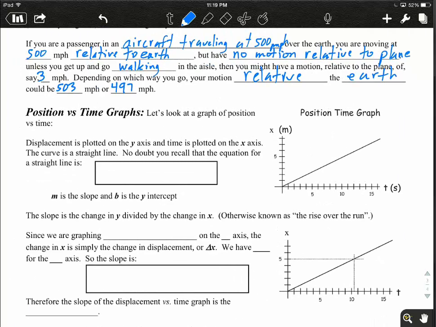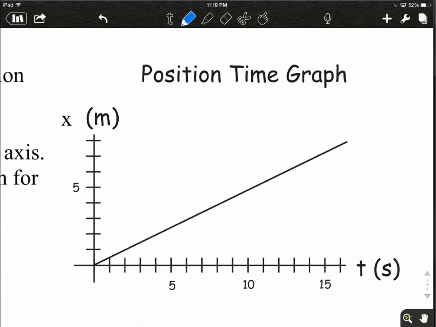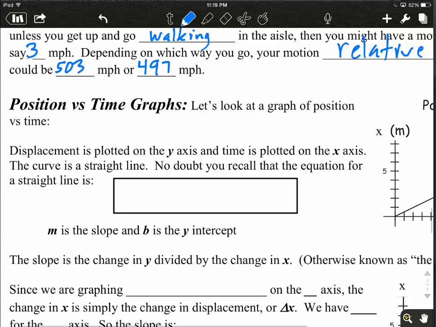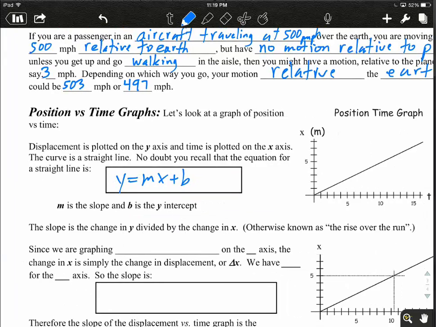Okay, we talked about position versus time graphs, right? Hopefully you remember from the lab that we had a graph that was a linear line when we're moving at a constant velocity, and because of that we use the idea that y equals mx plus b. That is the equation for the graph for a linear line.